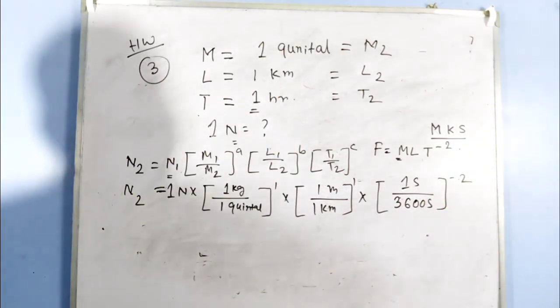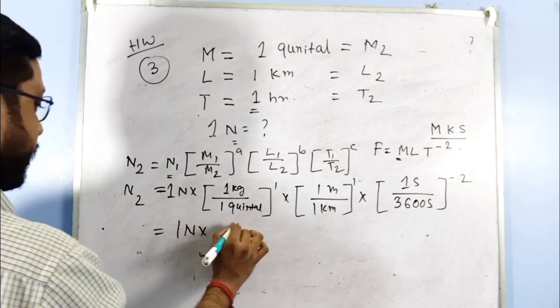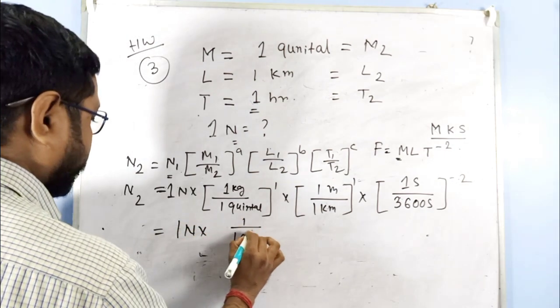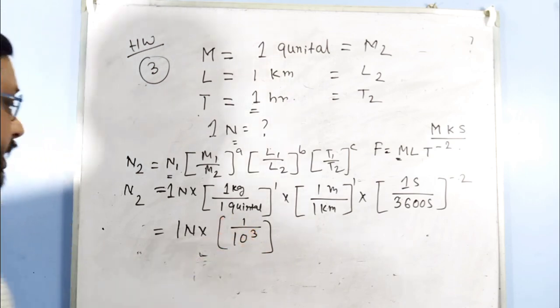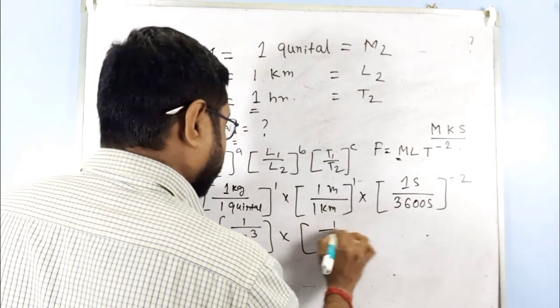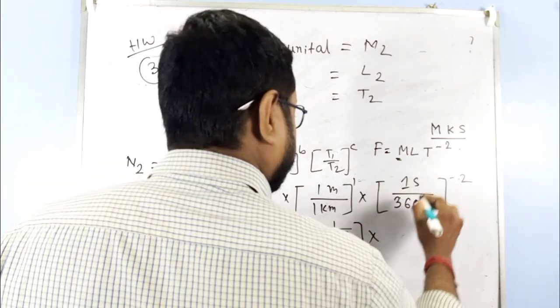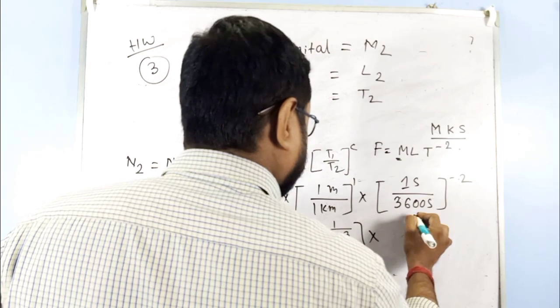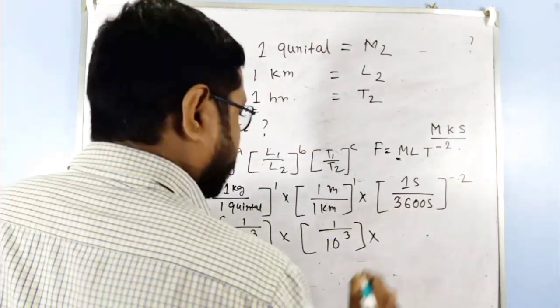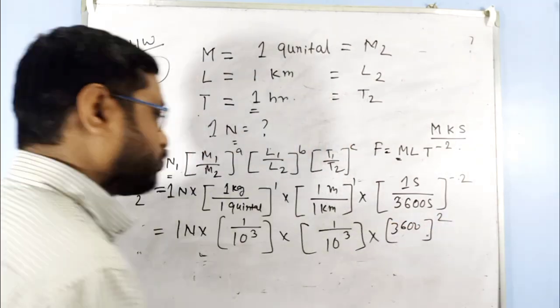So 1 Newton multiplied by 1 by 1000, because 1000 kg equals 1 quintal, 1 meter by again 1000, into 1 by 3600 to the power minus 2, which means 3600 to the power plus 2.